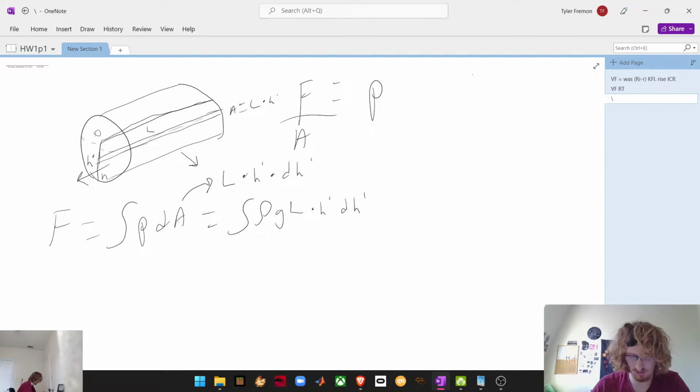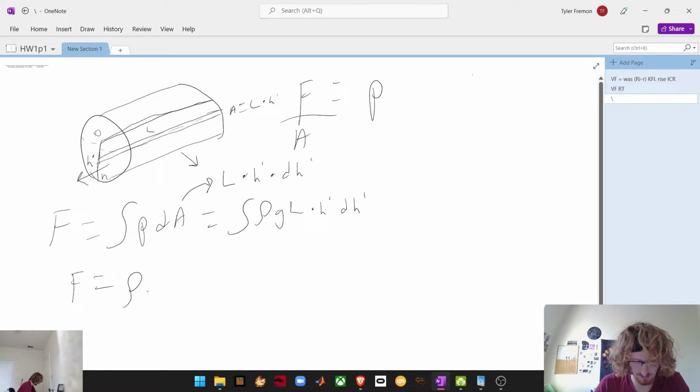From here, the integration is very simple. Force is going to be equal to the integral of rho g, L, which are all constant, so we can just pull those out.